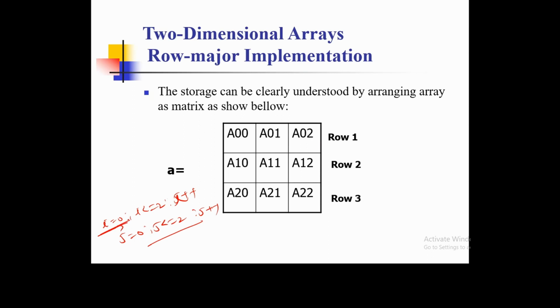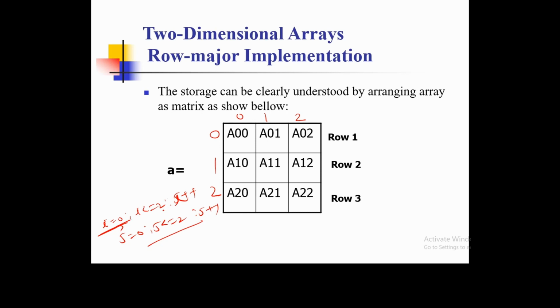So for each row, let's suppose it is the 0th row, the inner loop runs over the columns: 0th column, first column, second column.